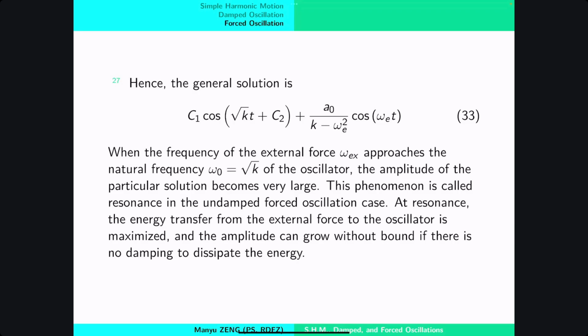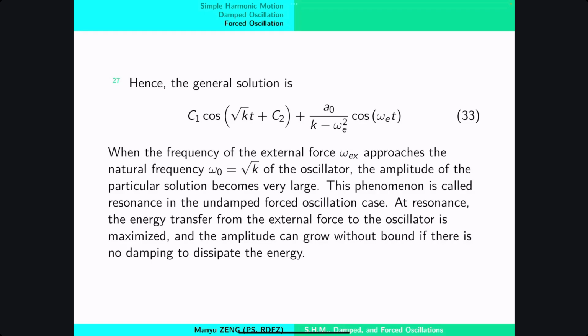So the frequency of the external force omega e, not omega e x, that is a typo. So when this frequency of external force approaches the natural frequency, omega zero equals square root of k over m of the oscillator, the amplitude of the particular solution becomes very large. So the phenomenon is called resonance.